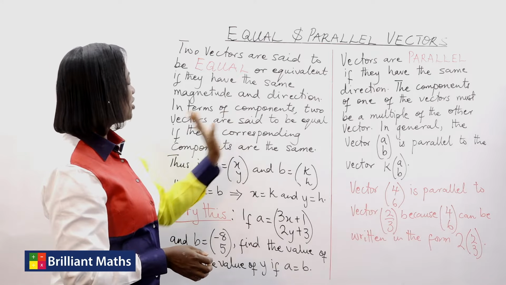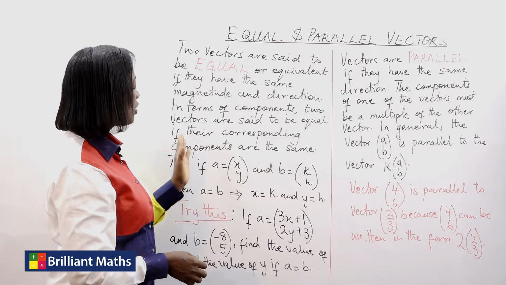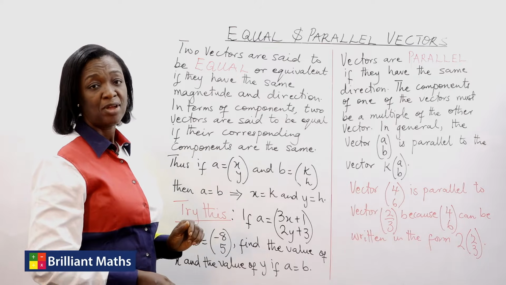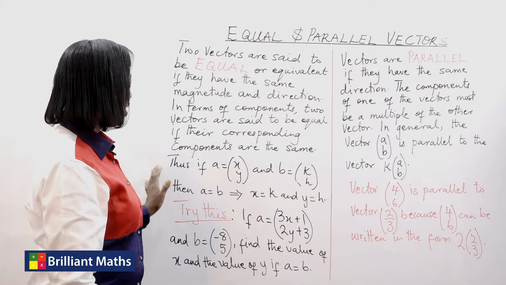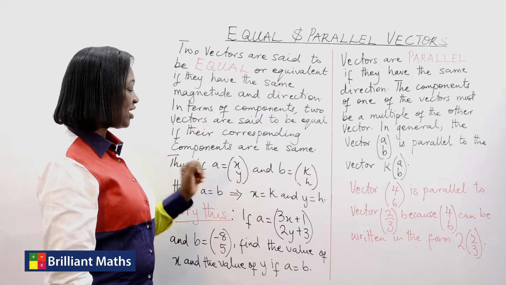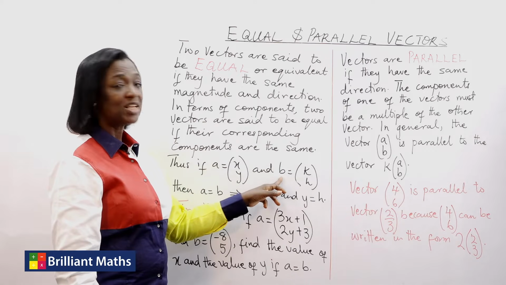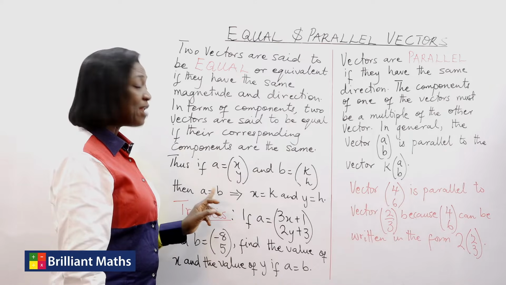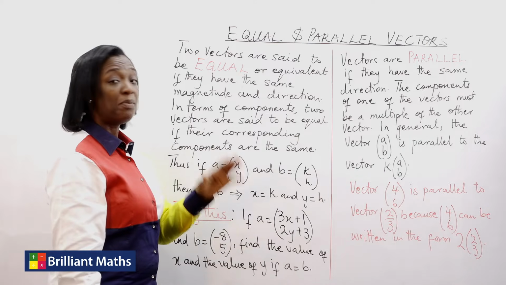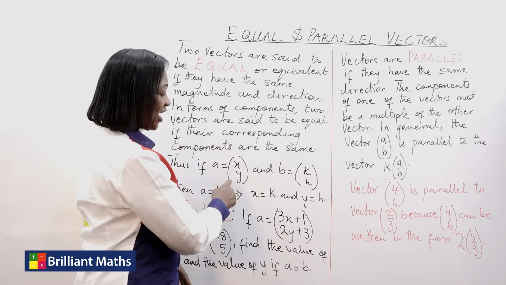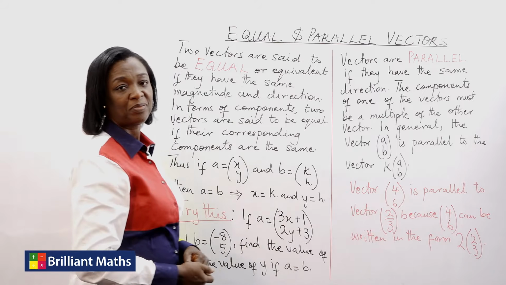In terms of components, 2 vectors are said to be equal if their corresponding components are the same. So for example, if vector A has components x, y, and vector B has components k, h, then for A and B to be equal, it implies that x is equal to k and y is equal to h.